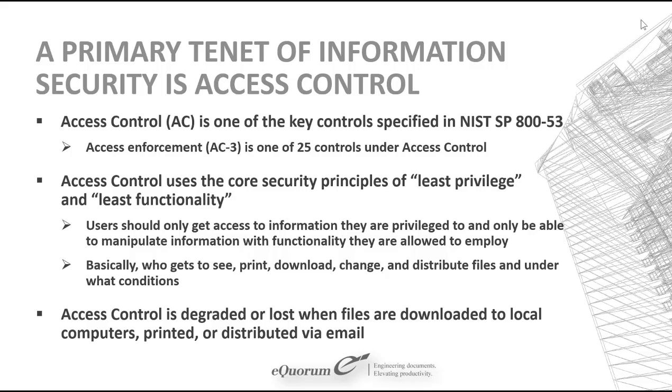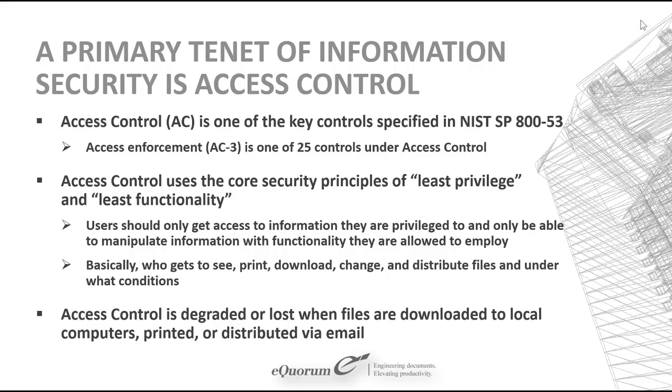Access control per NIST uses the core security principles of least privilege and least functionality. So users should only get access to information they are privileged to and only be able to manipulate information with functionality they're allowed to employ.